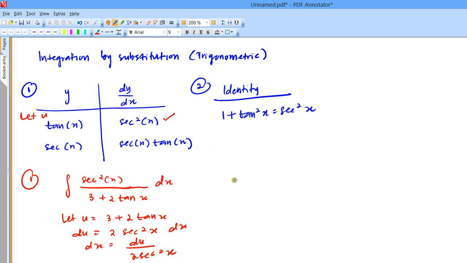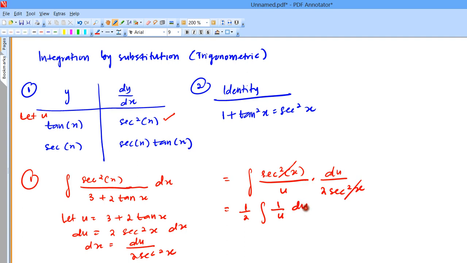Next step, just substitute: integrate secant square x over u, with dx equal to du over 2 secant square x. Then we can cancel out secant square x, and we have constant 1 over 2 integrate 1 over u du.